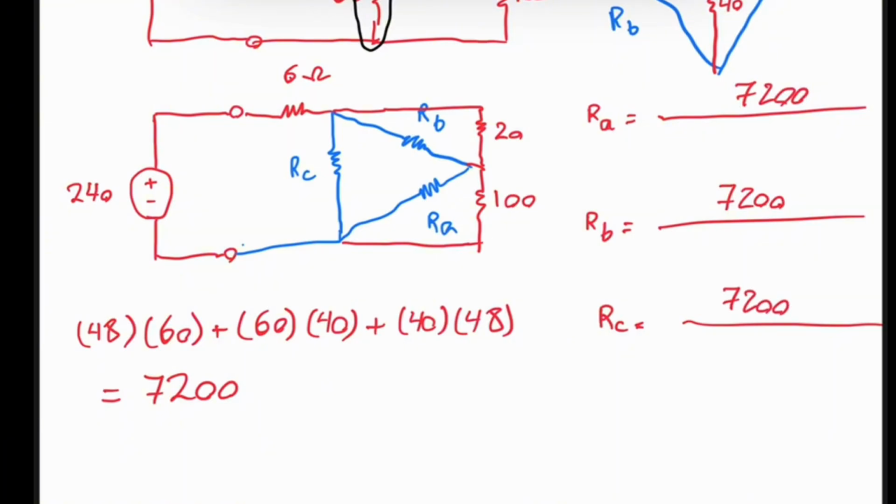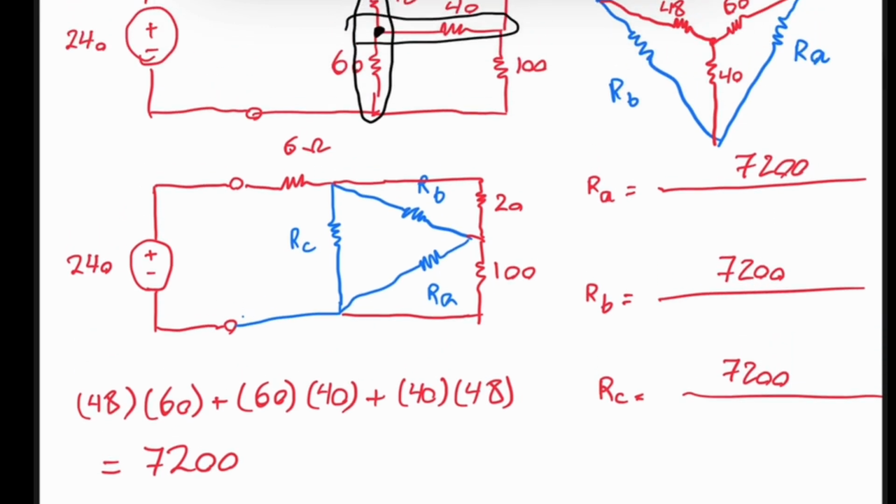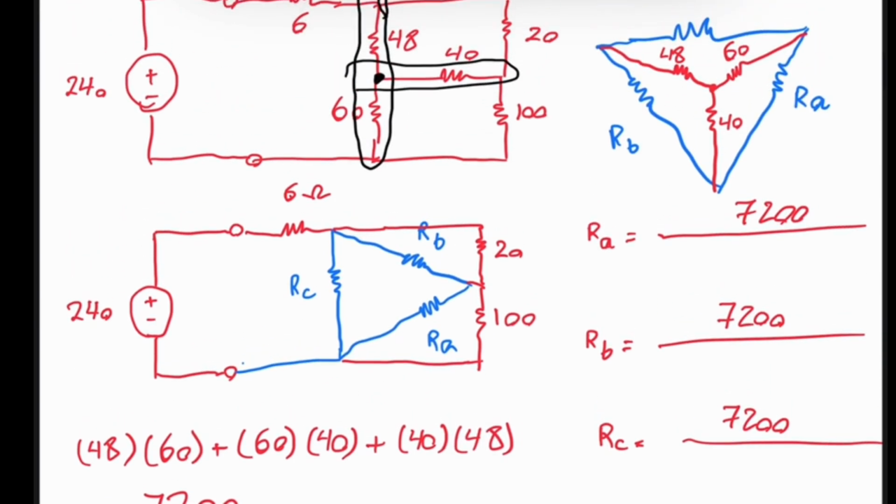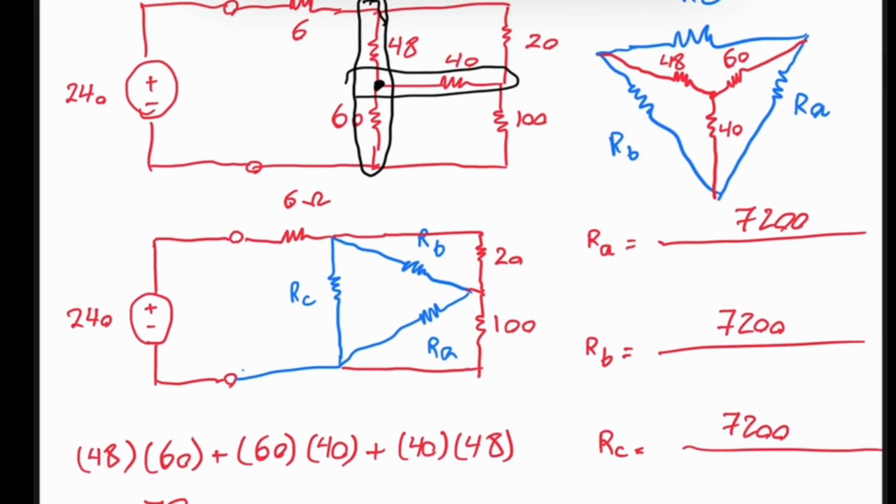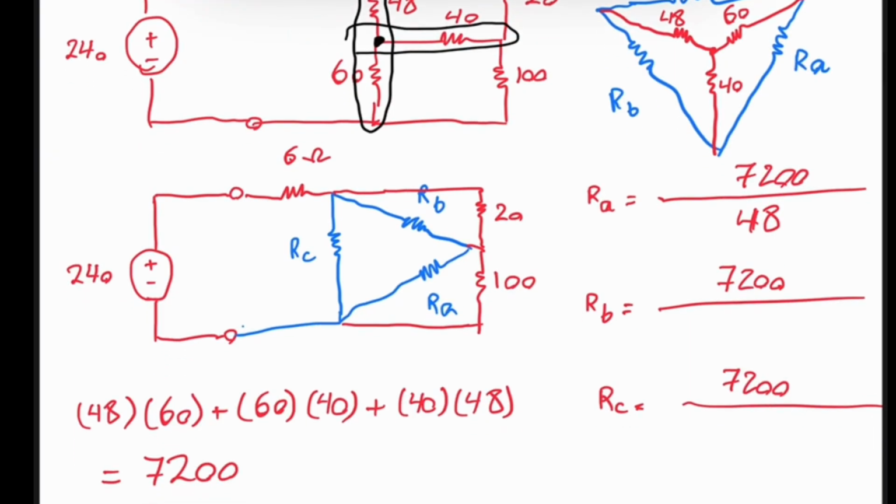The denominator for RA is the one which is far away from it, so opposite this resistor is 48. For RB it is 60, and for RC it is 40.